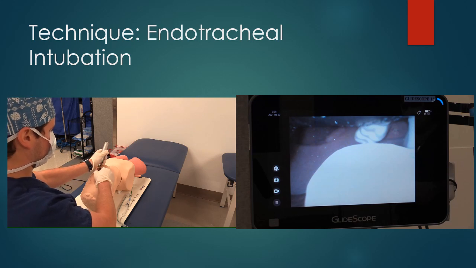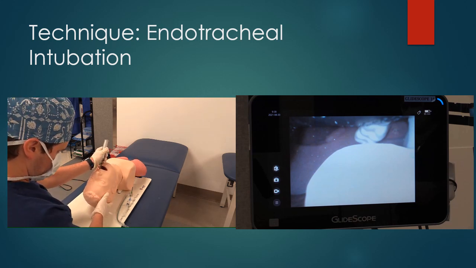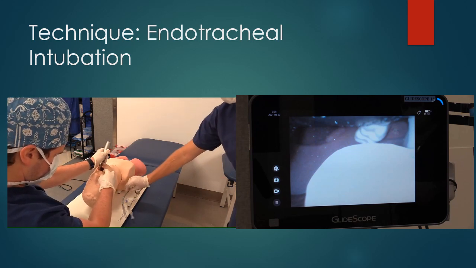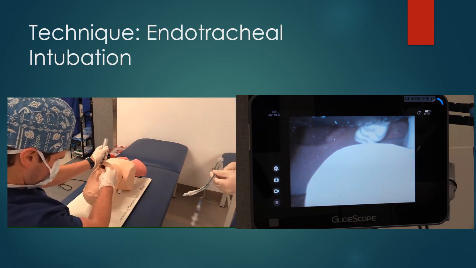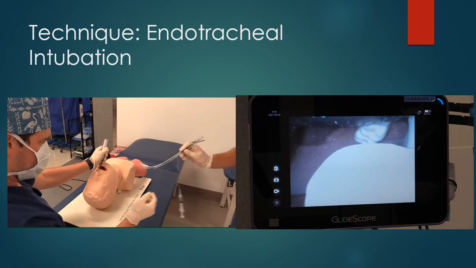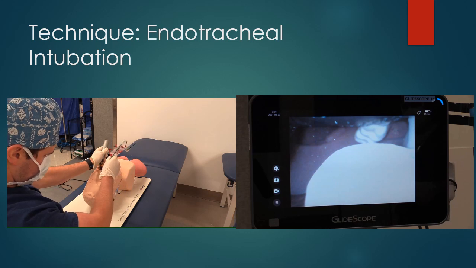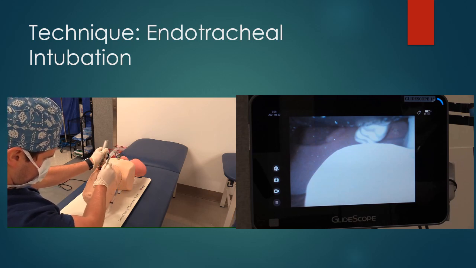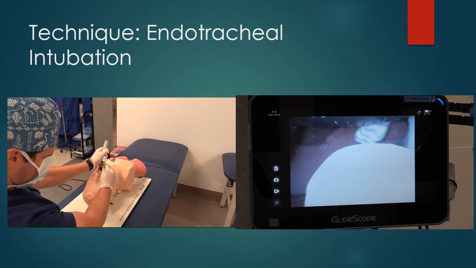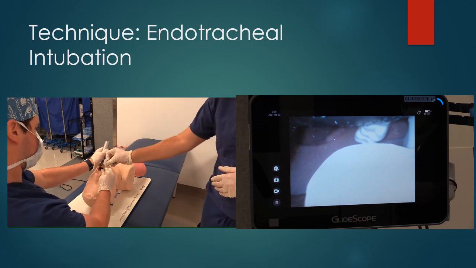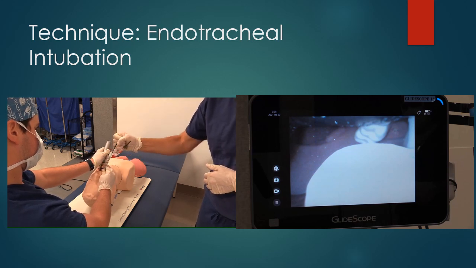And then once in, and you have a good view, you're going to ask for an assistant if you have one, or make sure that your tube is already placed in such a way that you can reach it on your own, so that you can take the styleted tube, gently advancing. If you have a stylet in, stop as soon as you are through the cords, and begin removing the stylet while advancing the tube.